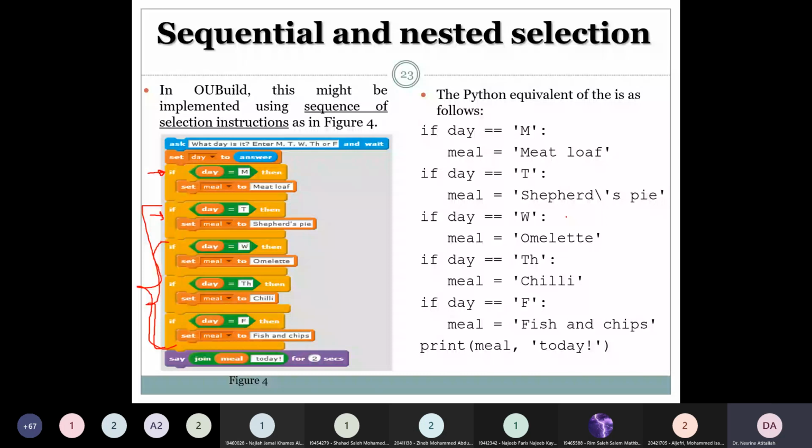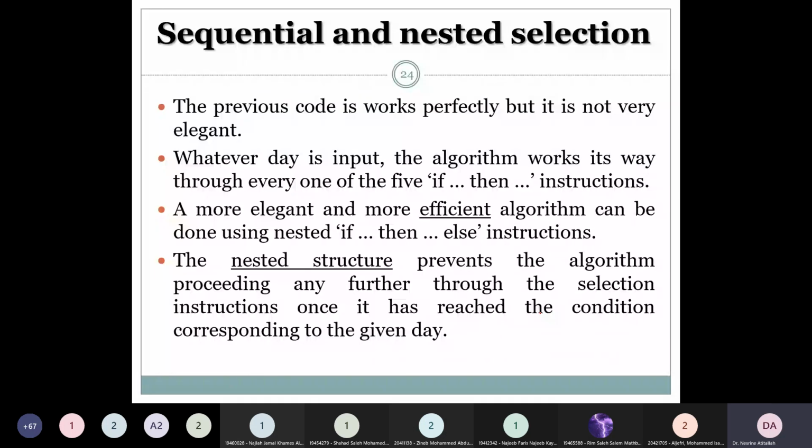It is not efficient. Whatever day is input, the algorithm works its way through every one of the 5 if-then instructions. A more elegant and more efficient algorithm can be done using nested selection.